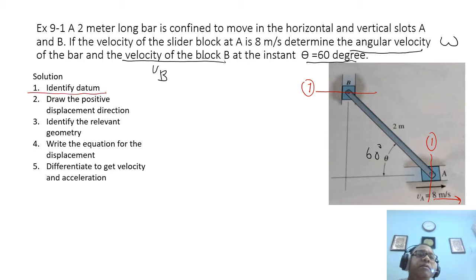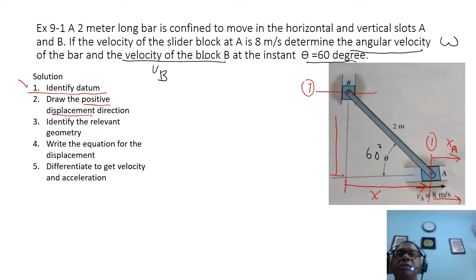Next we want to draw the positive displacement direction. That's number 2. Let's put positive x this way, so this will be xA, and this one can be the datum for x. This is the distance y. So I think we should find the right datums from here.